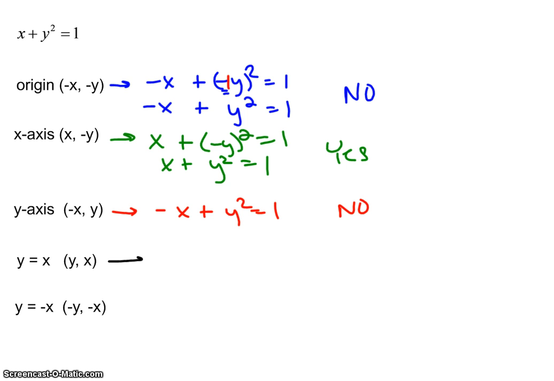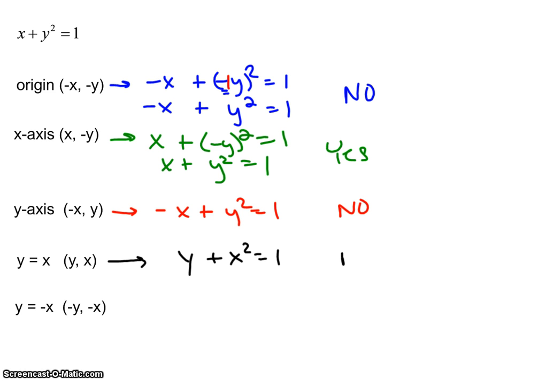Okay. Y equals x. My x this time is y. My y is x squared. Okay. And if I were to try and put this back into my original form, what you're going to see is to get it to be an x, I have to take the square root, but then I have to take the square root here as well. So you're not going to be able to get those back.